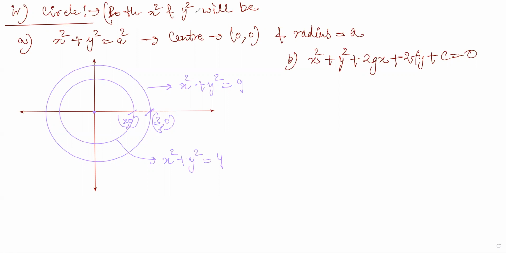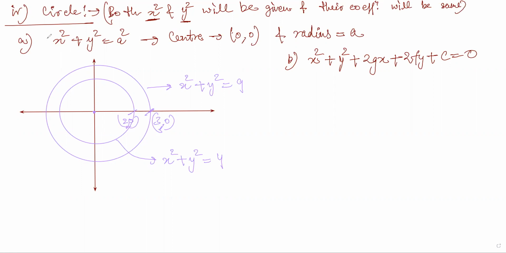So if the given equation represents a circle, both x square and y square will be given and the coefficient has to be the same. Whenever you encounter any equation in which both x square and y square are present and their coefficient is the same, it can be anything.